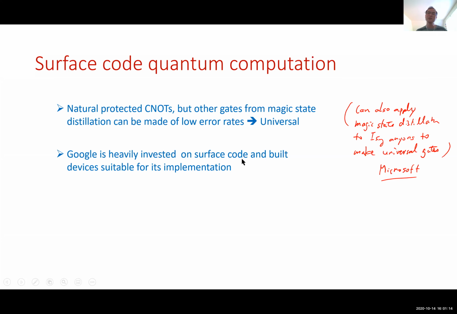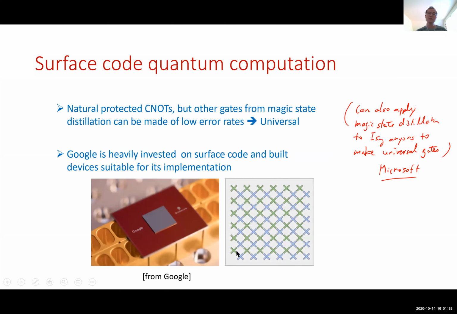These are not intrinsic, there's no material that would give rise to that. You have to engineer that. But it also looks easy to do because you don't need to wait for some magic material to give you the Ising anyon. Here you simply engineer these qubits in a way that is compatible with the surface code. You can see the geometry that they are created in is very compatible with the surface code or the toric code.